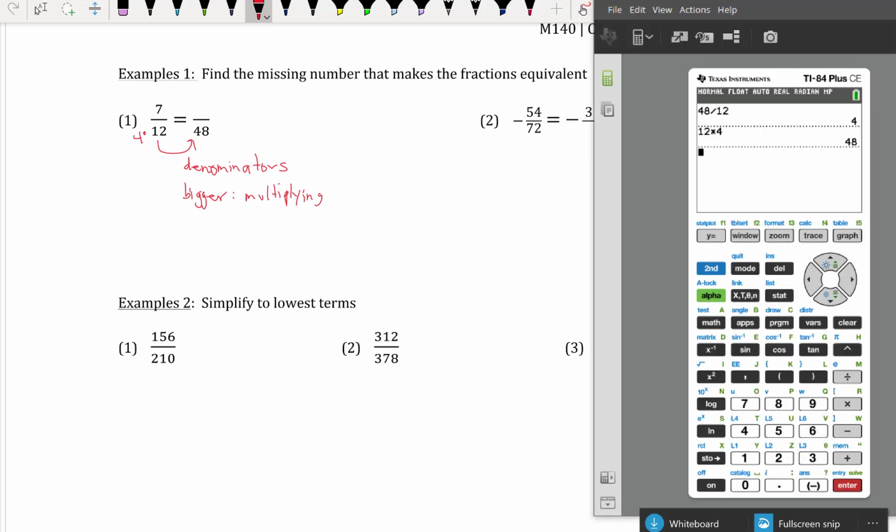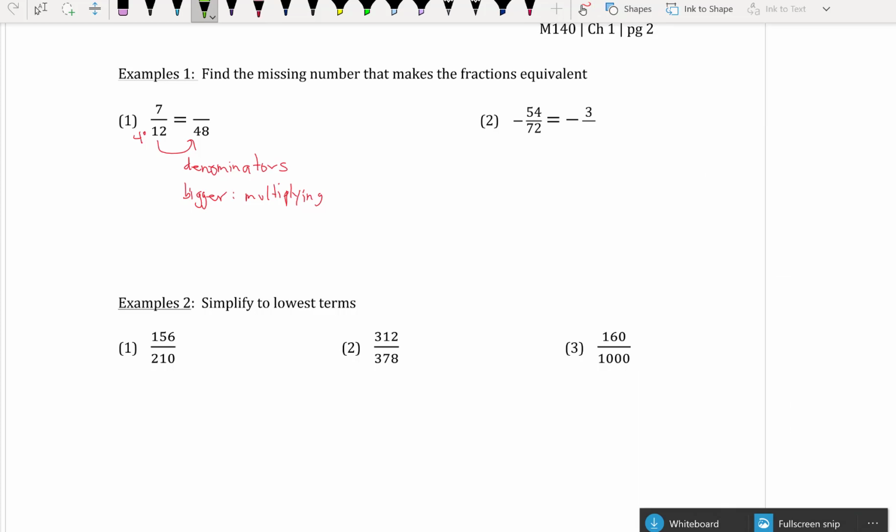Now I have to do the same thing to my numerator. Whatever I do to the denominator, I also have to do to the numerator. So the numerator is 7, and I multiply that by 4, and I get 28. So this is going to equal 28 over 48, because 7 times 4 is 28. That is how I get my equivalent fractions.